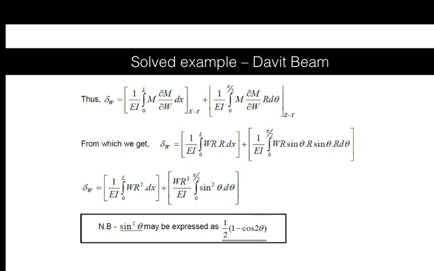Delta W will be equal to 1 divided by EI integral 0 to L of WR squared dx plus WR cube divided by EI, integral 0 to pi divided by 2 of sine squared theta d theta. You can write sine squared theta as half of 1 minus cos 2 theta.